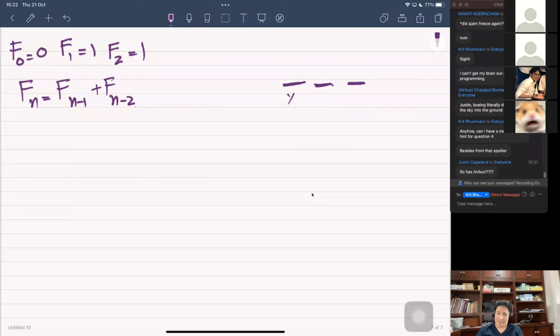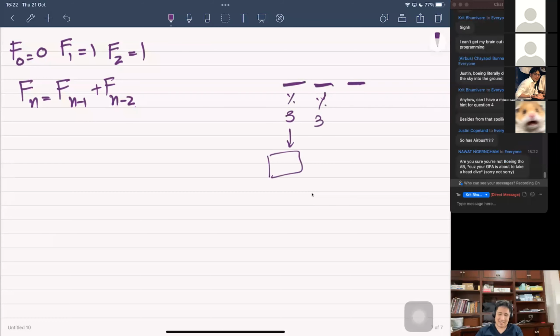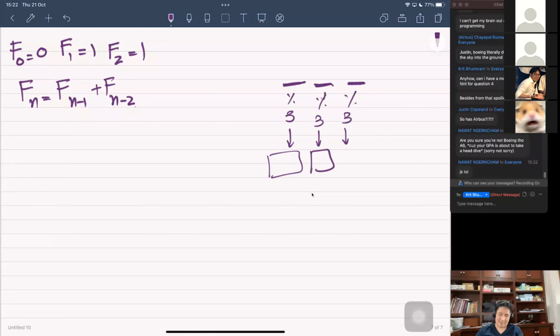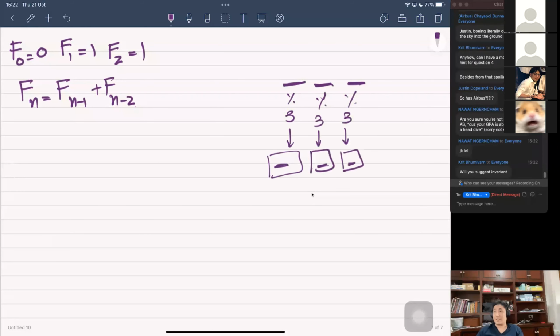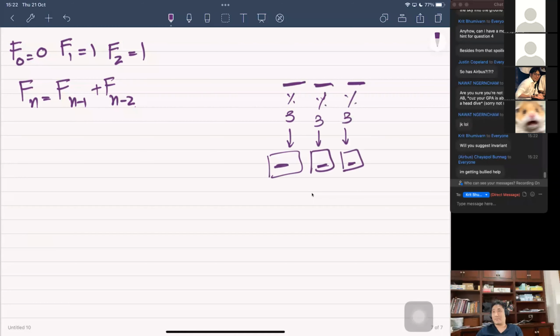Just modulo 3, and then whatever you get, keep track of this number. Keep track of all these 3 numbers. Yeah, this is what I meant to do. Just keep track of these 3 numbers, you see something.